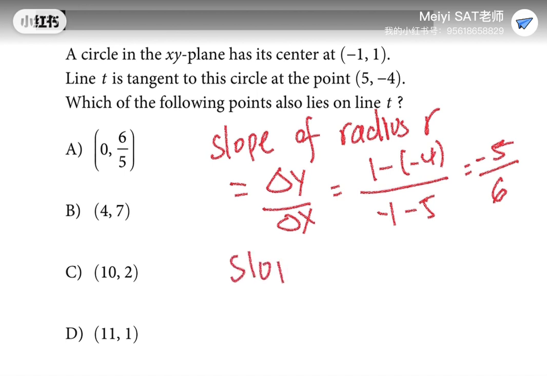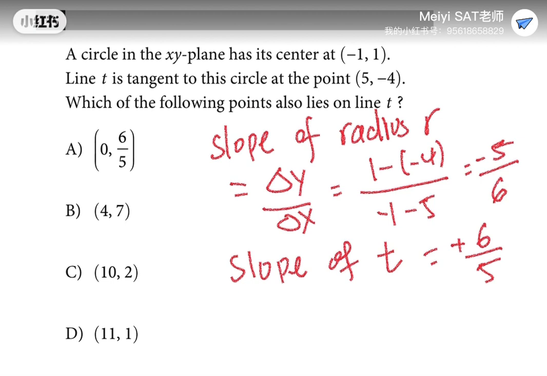So that means the slope of line T, which is tangent to the circle, must be the opposite. The opposite of a negative sign is a positive sign, so that's positive. The reciprocal of 5/6 is 6/5. So the slope of line T is 6/5.